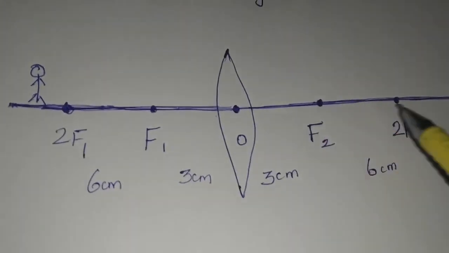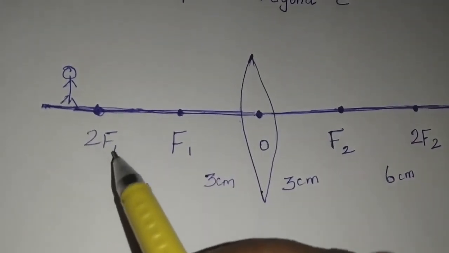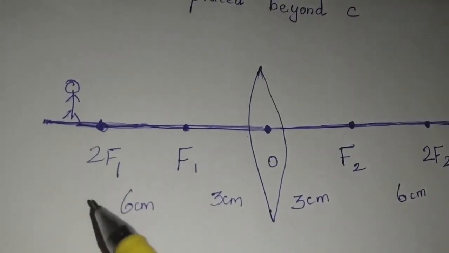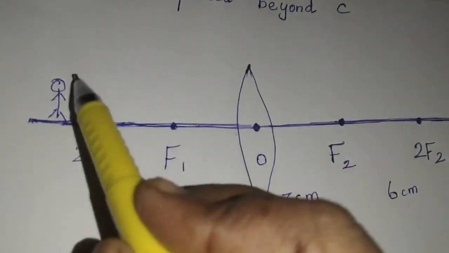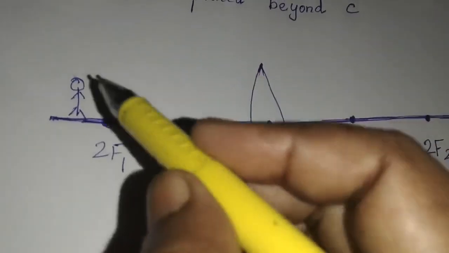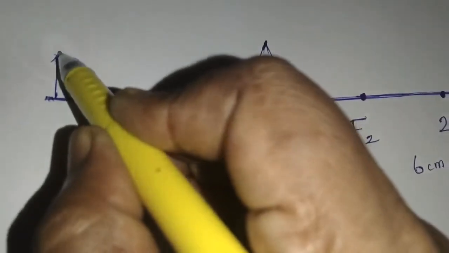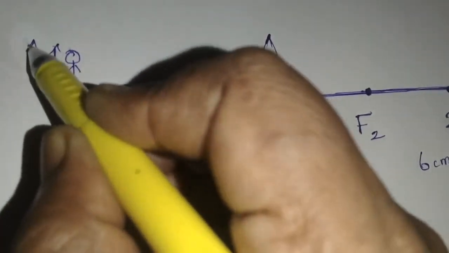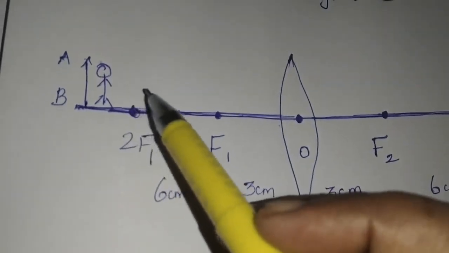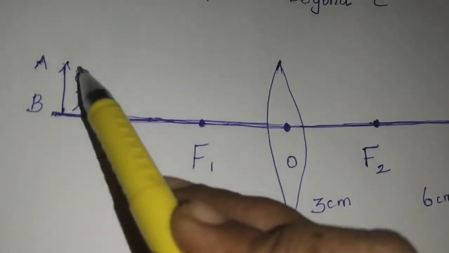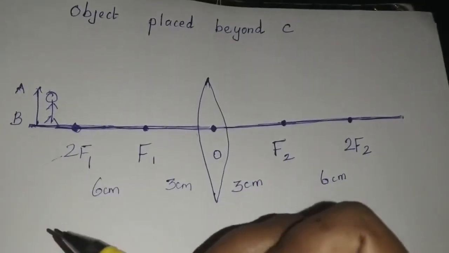So this is the principal axis, and beyond C or 2F1, this is the object. I can also mention it as an arrow mark, A, B. We have to consider a ray from the top of the object. Remember, we have to follow any two rules out of the three.